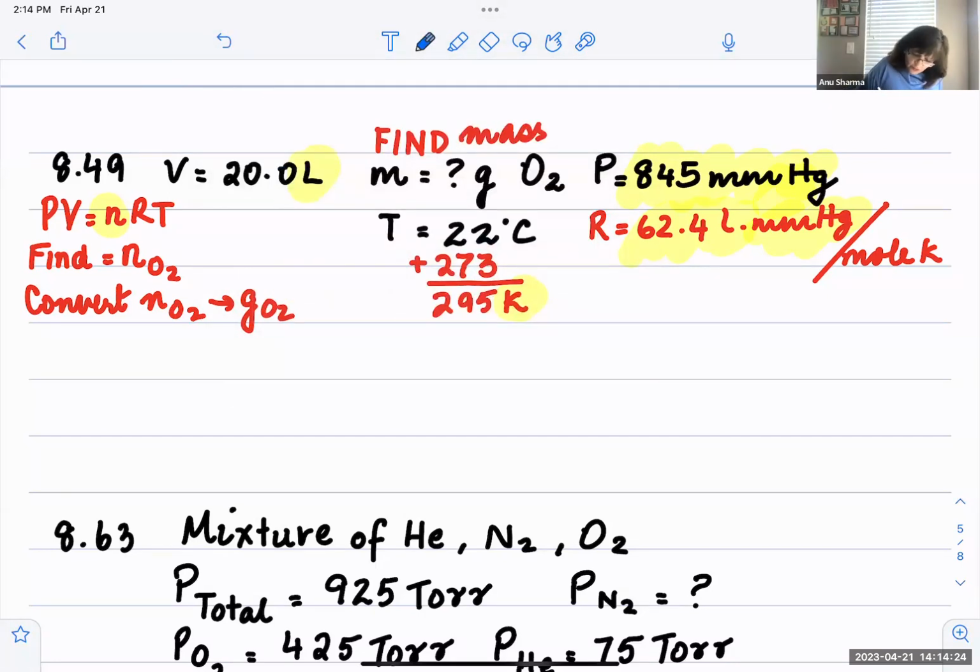So let's do this. Rearranging, n is equal to PV over RT.